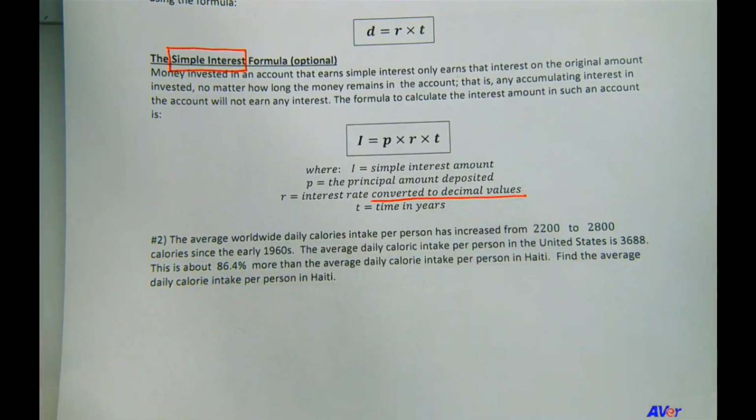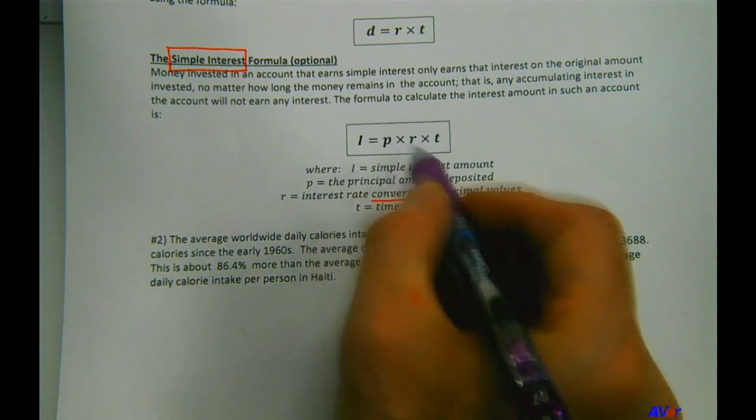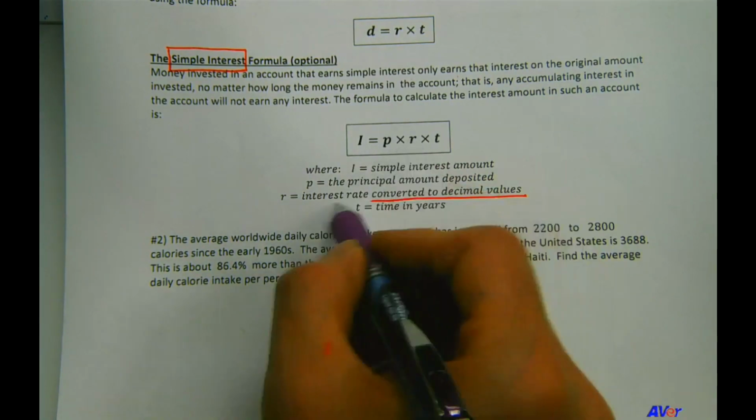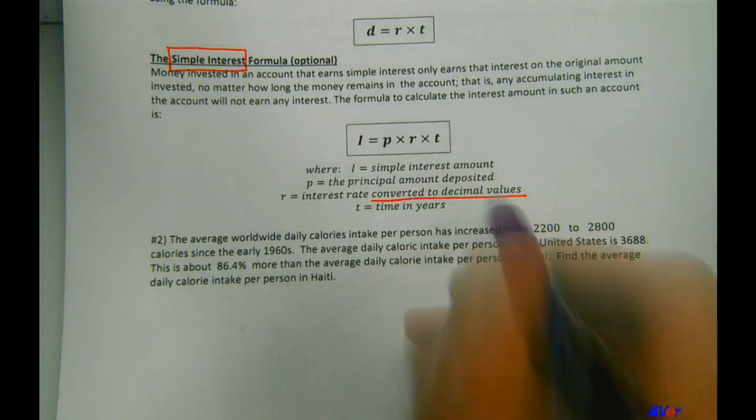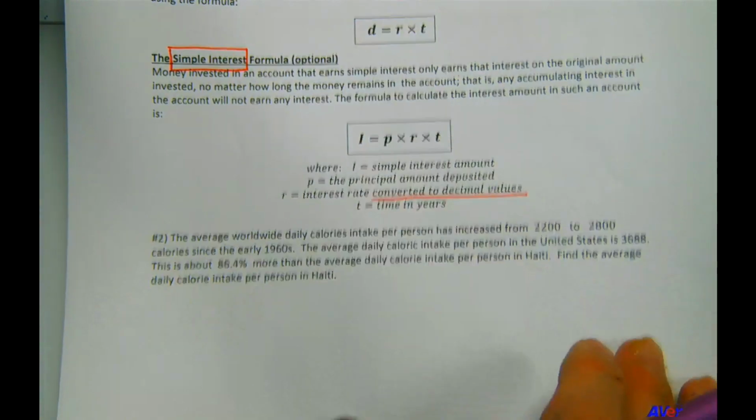I say this because many times I've seen people use, if the interest is 4.8%, they just use that in their equation as 4.8. They don't bother to convert it to decimal form, which would be 0.048. Okay, so when you use this formula for R, the interest rate must be converted to decimal values. And T is time in years.